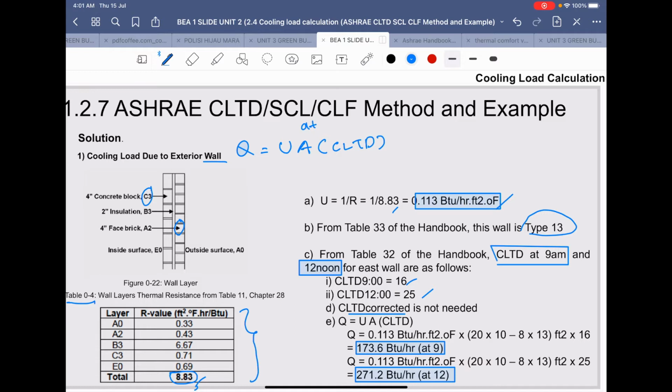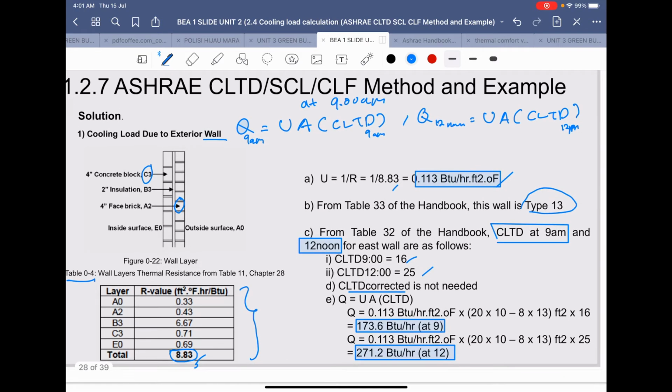This one is at 9 AM and another Q at 12 noon. The U value is the same because it is the same wall application, and the CLTD is at 9 AM, and the CLTD at 12 noon.